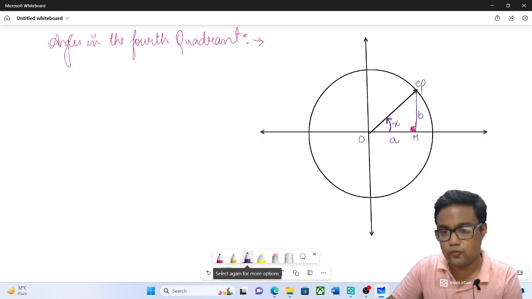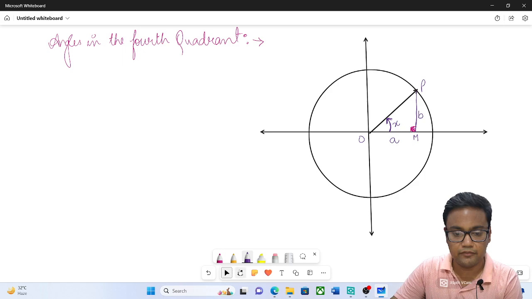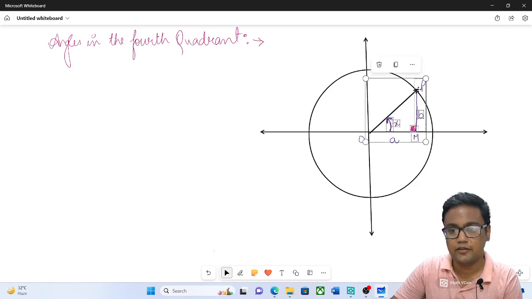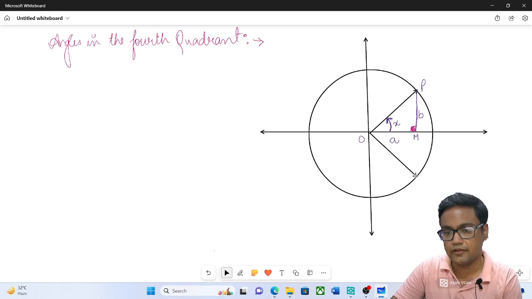So why not now capture this revolving ray? This is the ray which you have to take, and let us say this moves down and meets the x-axis, and then again it goes down here.